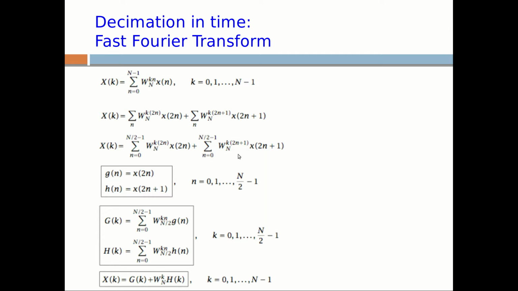This term can be further split as omega_N^{2kn} into omega_N^k. So once we split this in such a way, we see that this would be equal to G(k) and this would be equal to H(k).